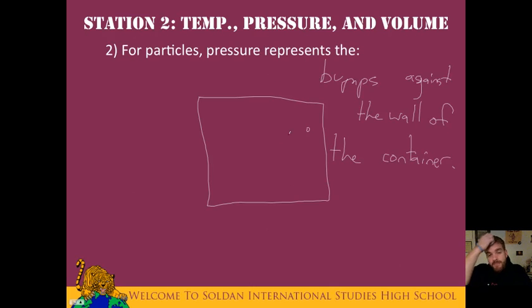So here we've got a box, let's say, of some gas particles. As this particle bumps against the wall, that is going to cause an outward force on this container, and so that is what the pressure is going to be represented as. So a high pressure means that the particles are going to bump against the wall more. A low pressure means the particles will bump against the wall less.